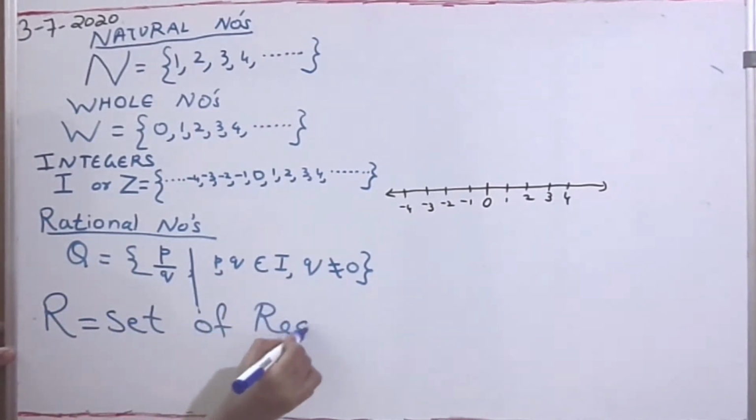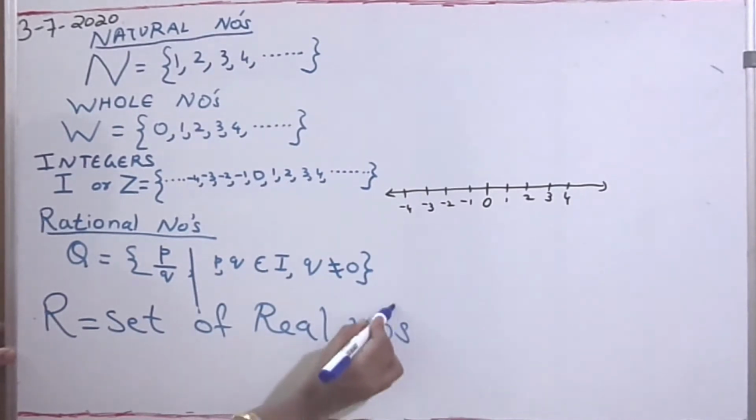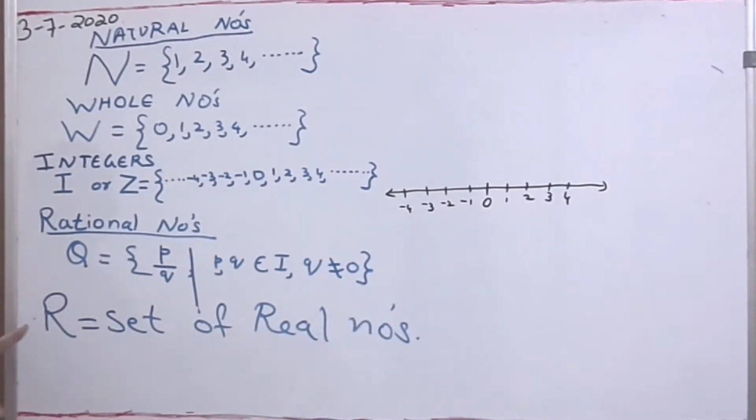What comes in this we are going to do in detail. But for now, you understand that real numbers form the universal set of all number systems. What is the meaning of universal set? A grandfather set, the biggest number system in this universe. It will contain all these numbers: natural numbers, whole numbers, integers, rational numbers, everything is contained in this. So it will be the biggest number system.